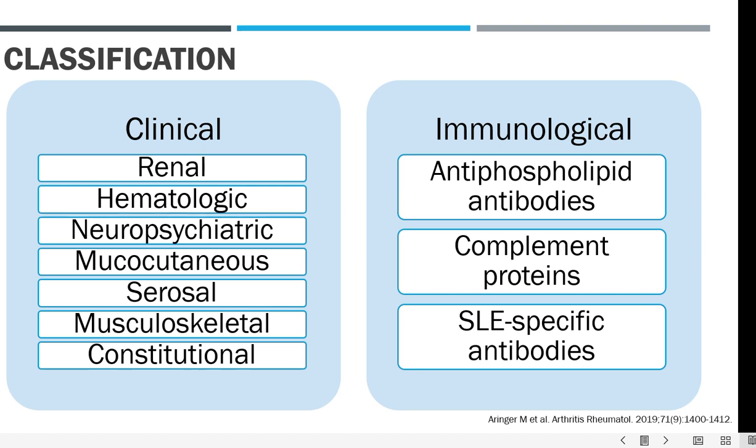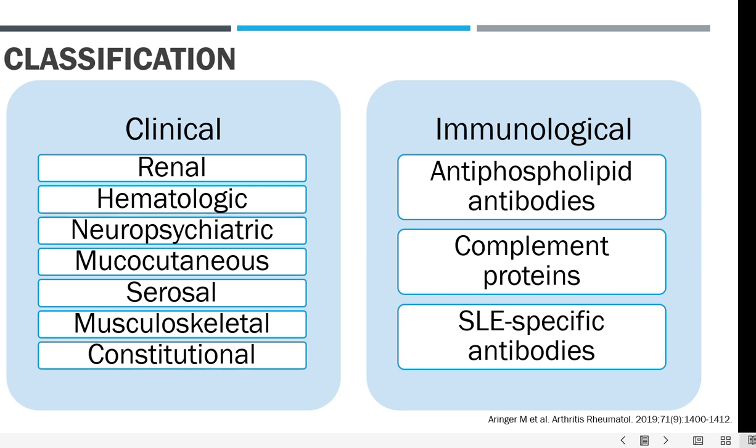And then we have it broken down into two categories, our clinical and our immunological classifications. For renal, patients may have proteinuria as well as abnormalities on a kidney biopsy. For hematologic, patients may have leukopenia, thrombocytopenia, as well as autoimmune hemolysis.